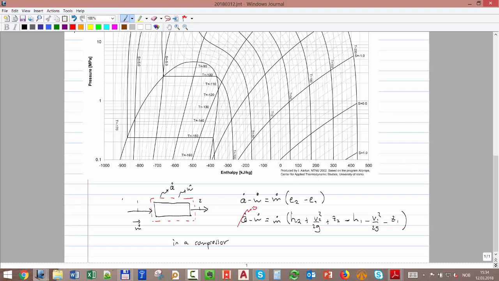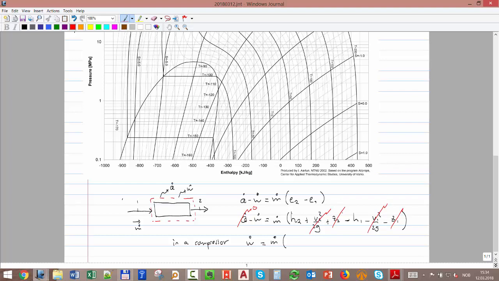So you have just the work, or the power that you are inserting to move the shaft of the compressor, equal to m times the enthalpy difference. And we say we can neglect all of that. The pipe dimensions at the inlet and at the outlet will be more or less the same size, so the velocities won't be very different.